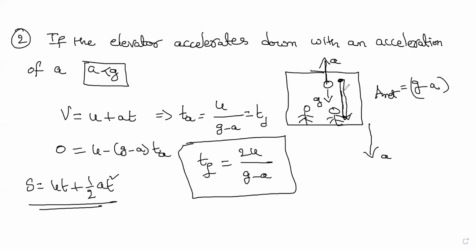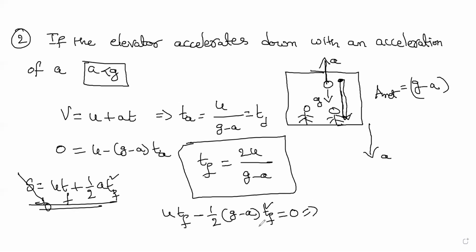And then our top ki move ayi, it comes back to the same point. So we can substitute that displacement is 0. Displacement 0 chesin tarvata what you get is time of flight. So you have UTF minus half into (G minus A), ఇక్కడ net acceleration, ఇక్కడ A net వచ్చేసి G minus A, into TF square is equal to 0.